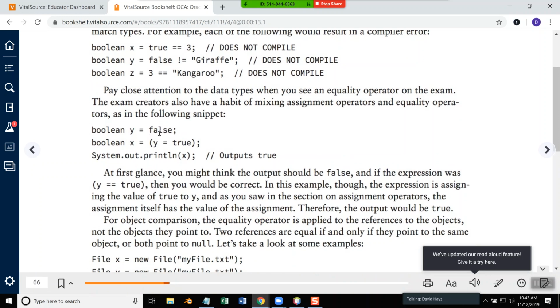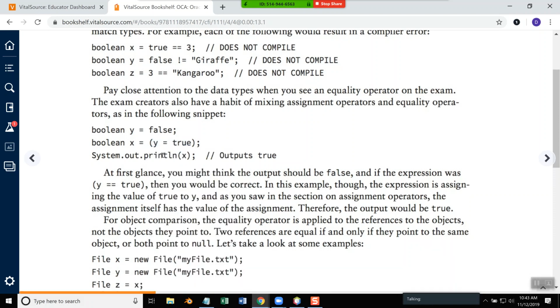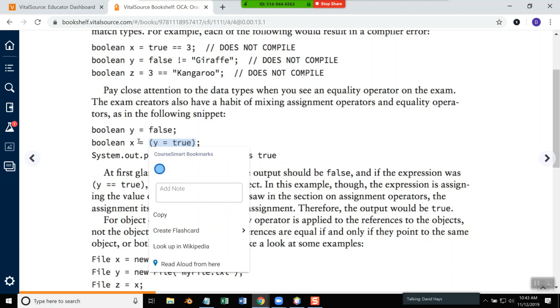Y is equal to false. Y is true. X would be true. Output is true. Okay, that makes sense, because remember, this reassigns the value to true, which then gets assigned to x.